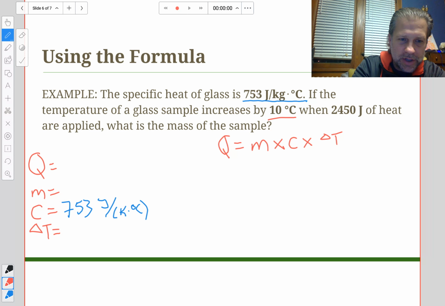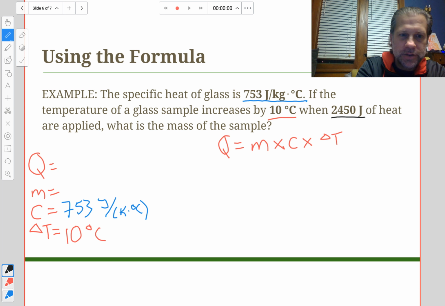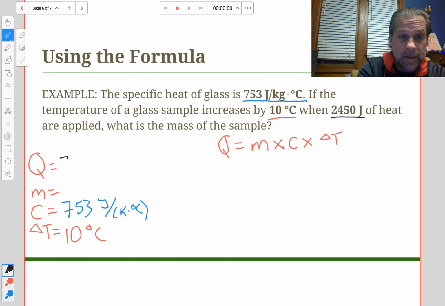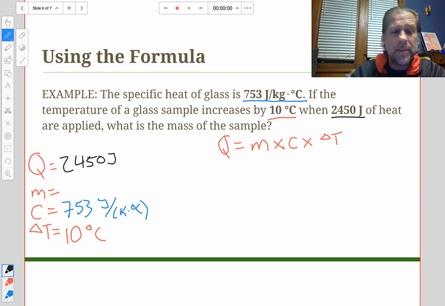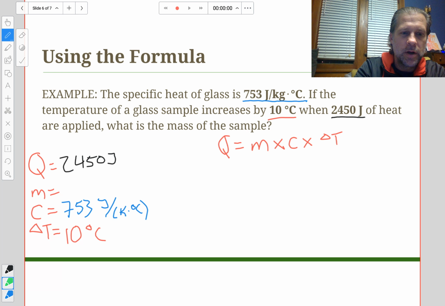So the change in temperature is 10 degrees Celsius. I'm also told that 2,450 joules of heat are applied. So I know that Q, which is heat, is 2,450 joules. So what I'm going to be solving for in this problem is the mass.